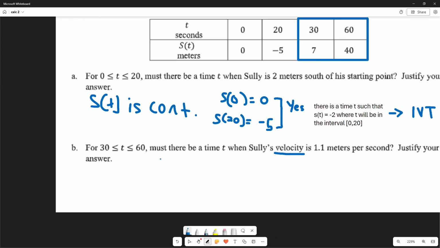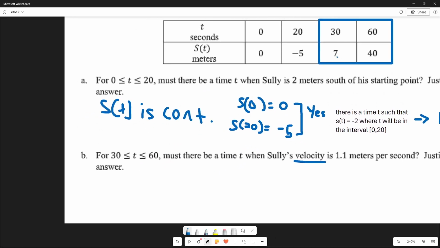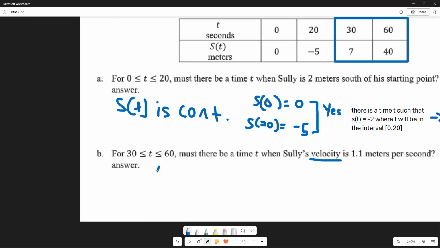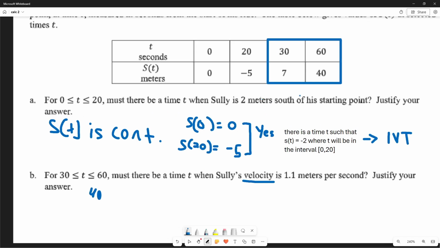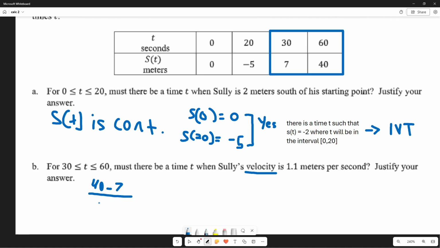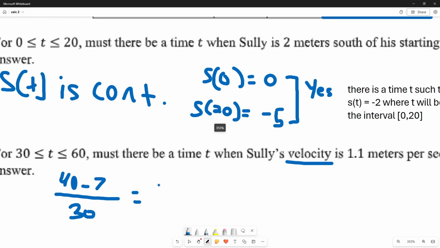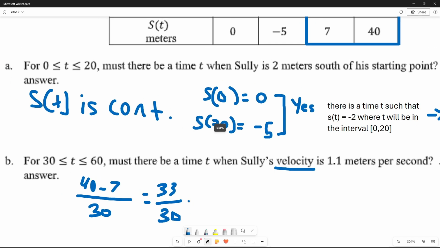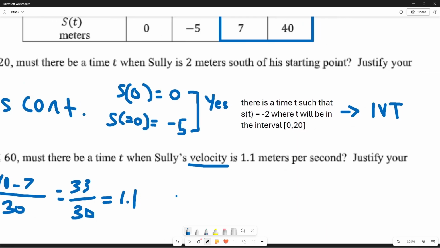So we're going to do s of 60 minus s of 30, which is 33 over 30, which is actually just 1.1.